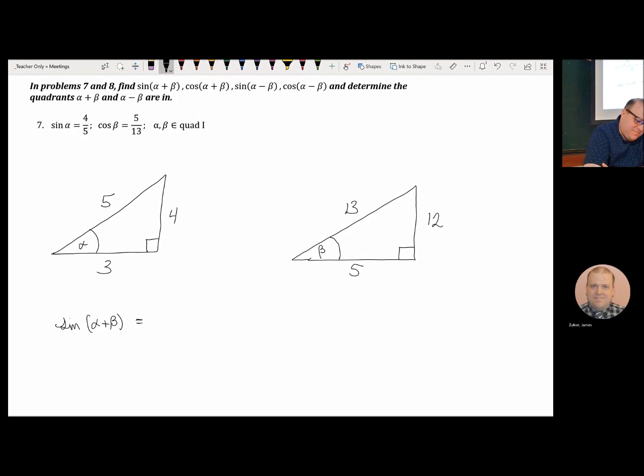Sine, cosine plus cosine, sine. Sine of what, cosine of what? Sine alpha cosine beta plus cosine alpha sine beta.